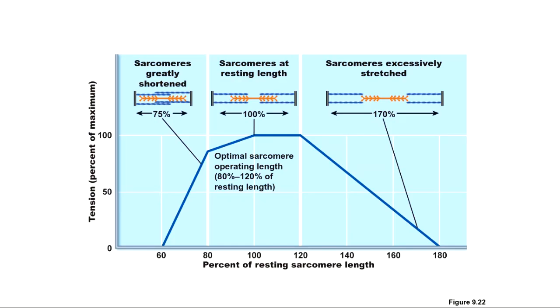So here, the sarcomere during a resting stage is between 80 and 120%. Actually, I should say 100% at rest. So at rest, the sarcomeres are about 100%.